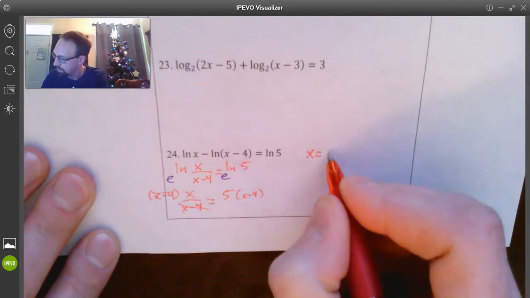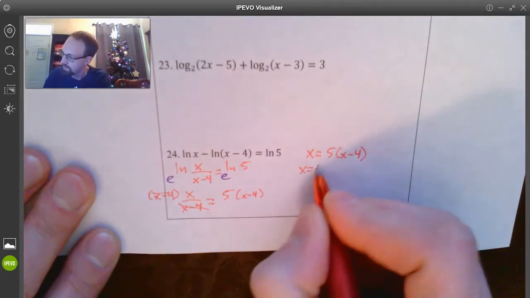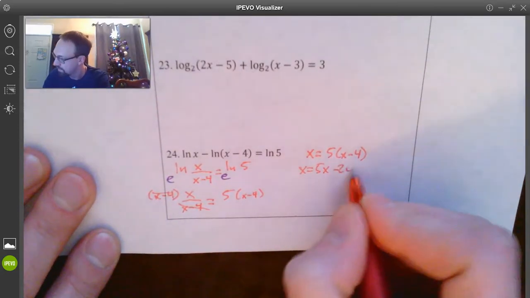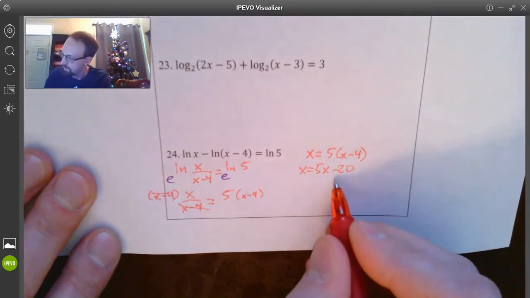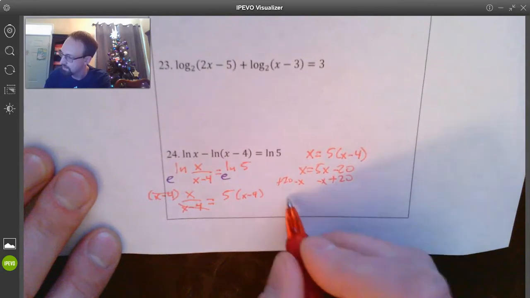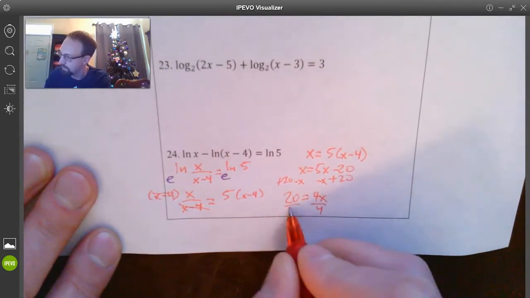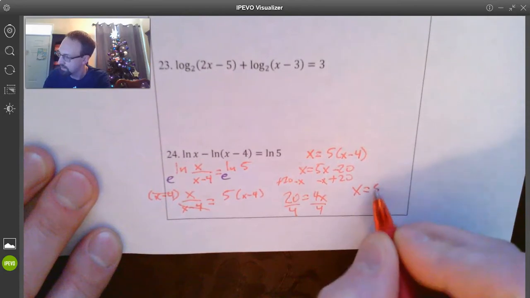I get x equals 5 times x minus 4. X equals 5x minus 20. Let's add 20, subtract x. So I get 20 equals 4x, divided by 4, and I get x equals 5.